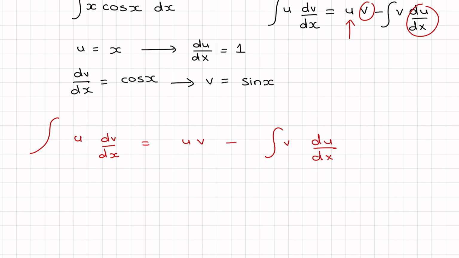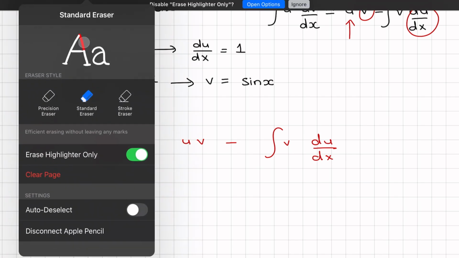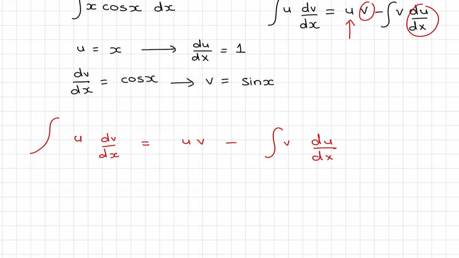So our u is x, and dv by dx is cos x. So this is just the expression we were trying to integrate, x cos x.